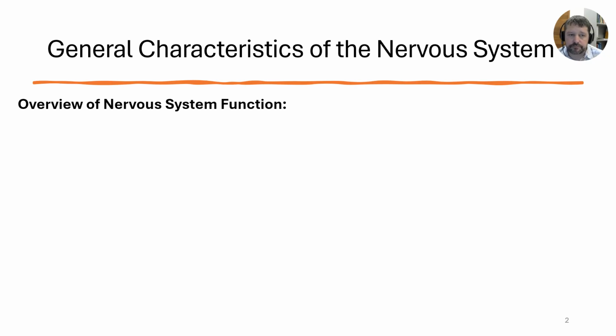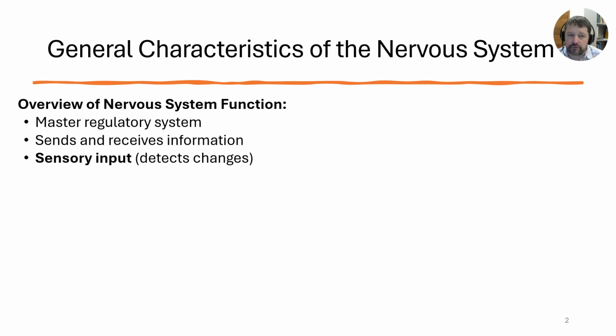All right, so first off, a little bit about the nervous system's function. It's a regulatory system, and we consider it the end-all be-all of regulatory systems. It's what's going to control the majority of the other systems.